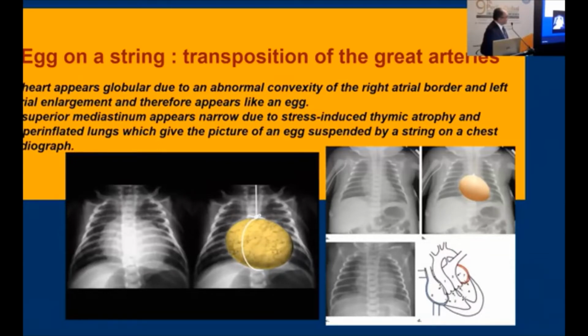The whole heart is enlarged due to the convexity of the right atrium at both sides, and the narrowing of the upper mediastinum is due to atrophic change in the thymus due to stress, which gives this appearance and could suggest this malformation of transposition of great arteries.